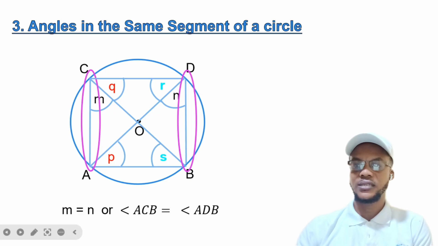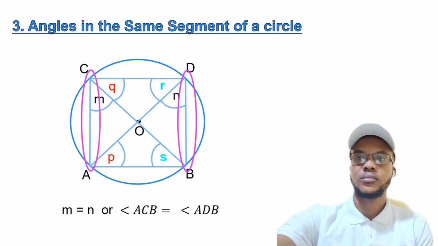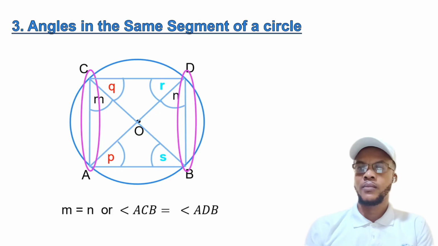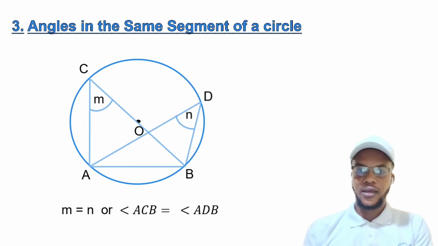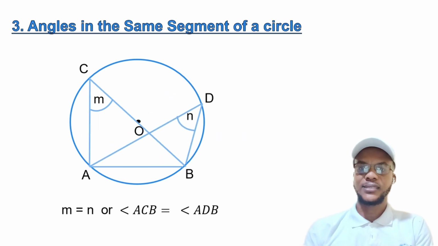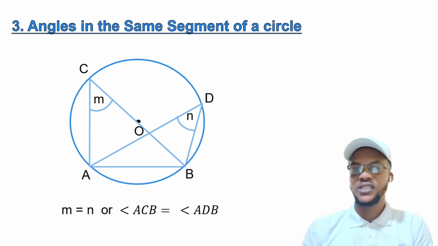So know that the diagram can look like this. You realize that A to C and B to D, one is shorter than the other, but it doesn't matter how the diagram looks.